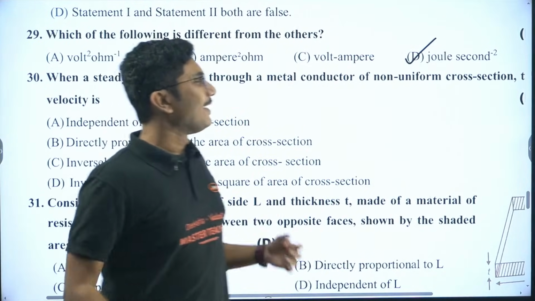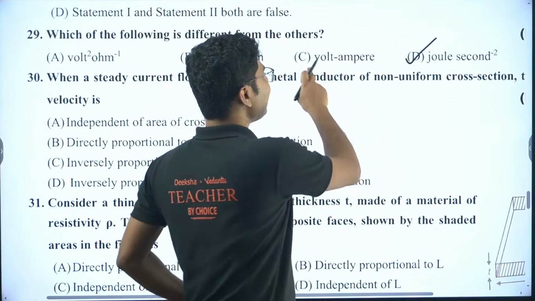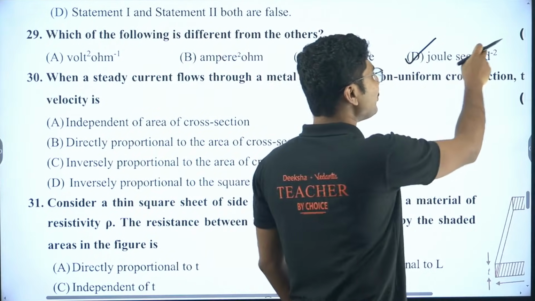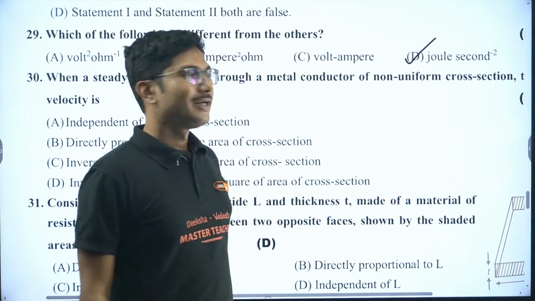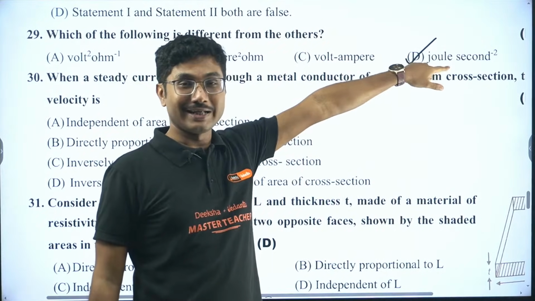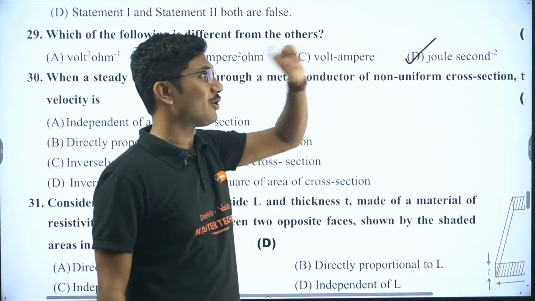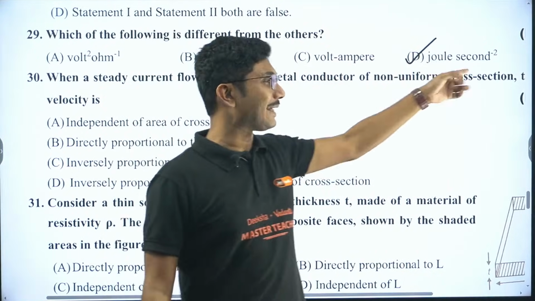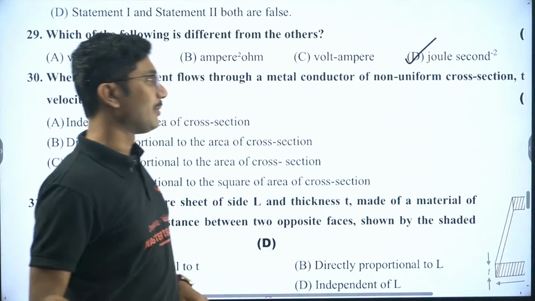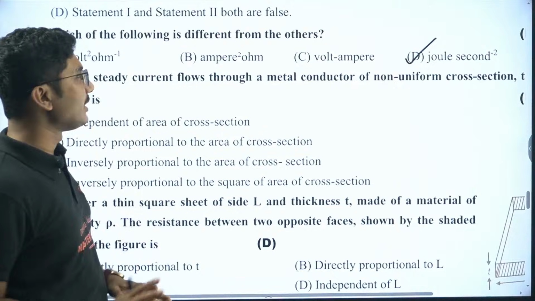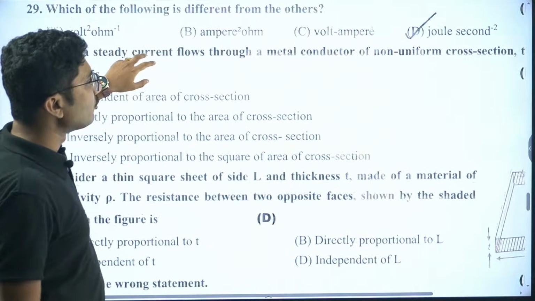But if I am setting the question, I will change it here to volt into ampere square, and here I will make it joule per second. Then it will be difficult for you to neglect. If you answer joule per second wrong, then you will be incorrect, because joule per second is the unit of power. Joule per second square is not the unit of power, but joules per second is the unit of power. Any doubt in this question? Otherwise we will move on to the next question.